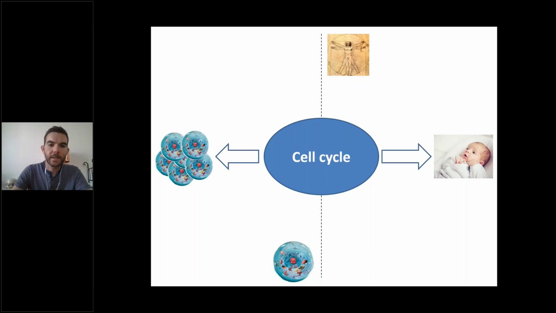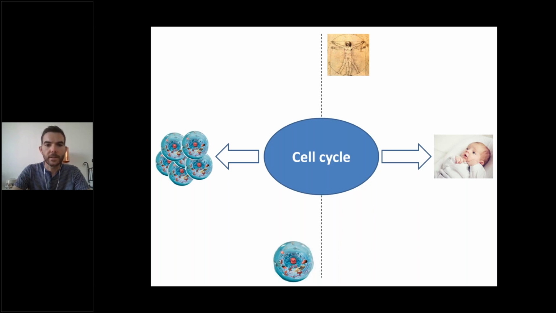The first scale is cells, where the cell cycle controls cell proliferation and then the number of cells. At a larger scale, the whole body, the cell cycle will control the size and weight of the baby at birth.